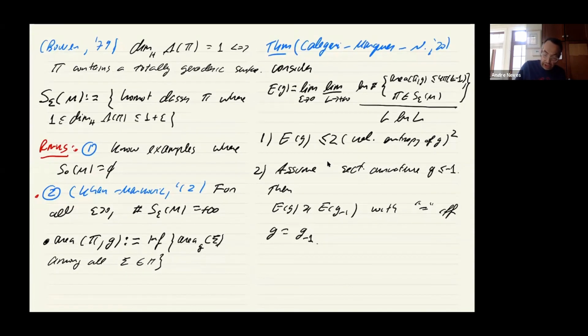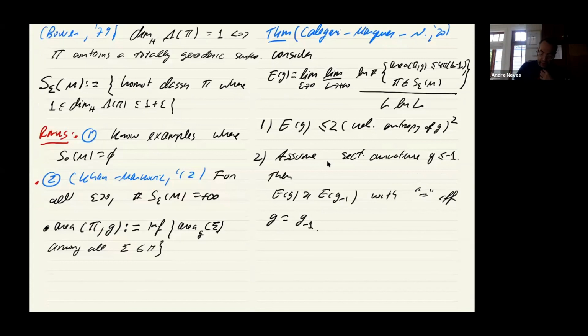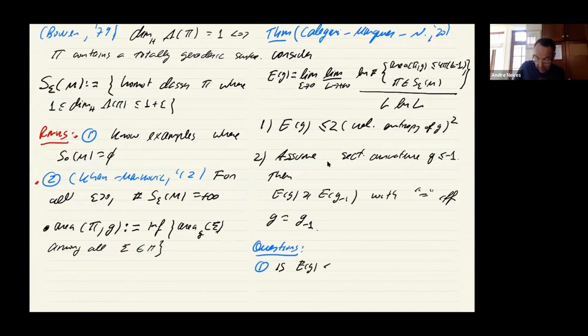Let me just finish with two questions in this direction. The first one is whether in 1 we can replace 2 by 1/2 so that it's optimal. Is this counting number for minimal surfaces less or equal than the volume entropy of g squared divided by 2, as opposed to twice?